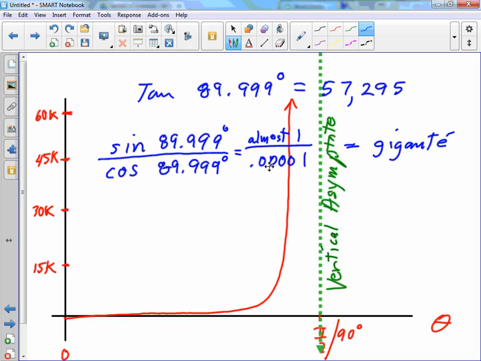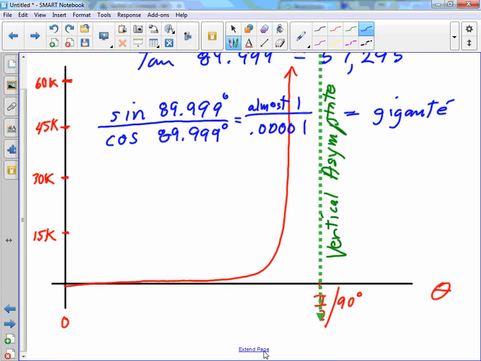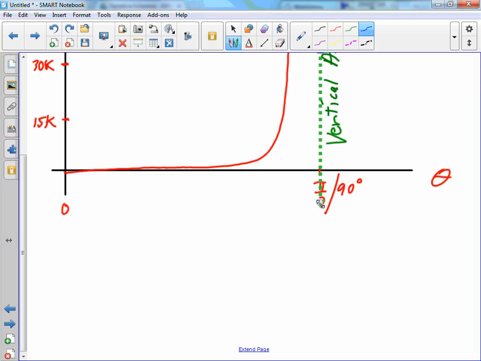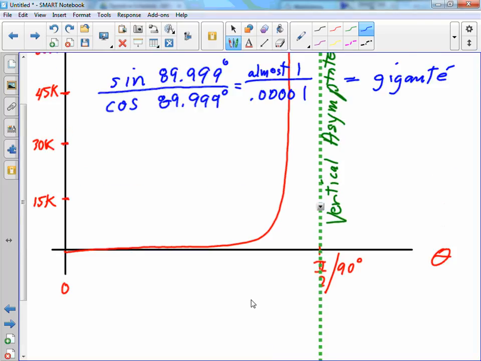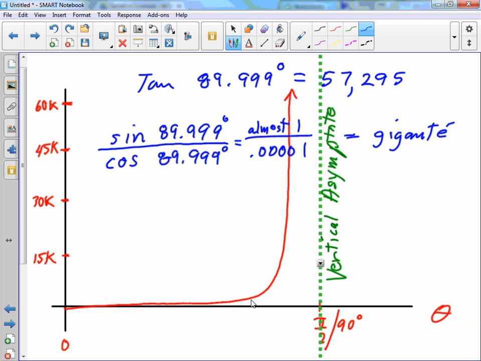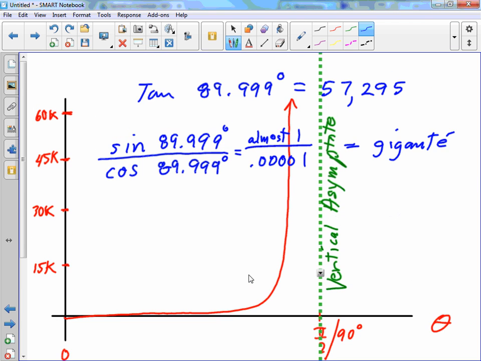And tangent is tougher to get. And then it gets even worse. It doesn't stop ever. That's the big thing. It goes up here infinitely high.